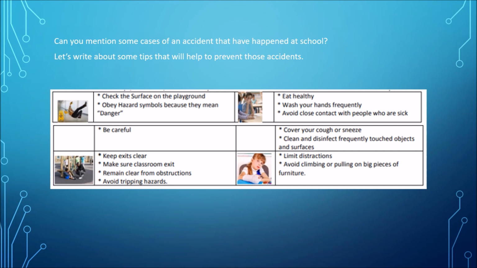Keep exits clear, make sure classroom exits remain clear from obstructions, and avoid tripping hazards. Eat healthy, wash your hands frequently, avoid close contact with people who are sick, cover your cough or sneeze, clean and disinfect frequently touched objects and surfaces, and limit distractions, avoid climbing or pulling on big pieces of furniture.